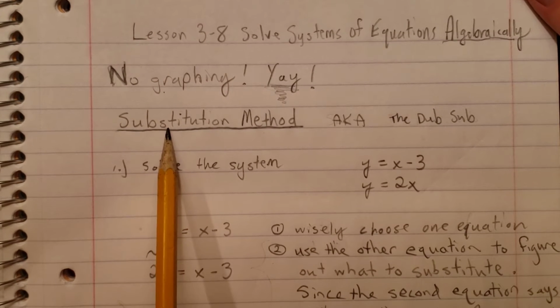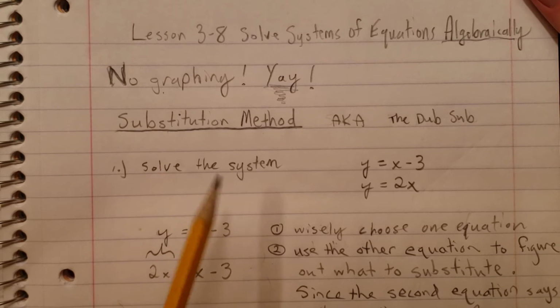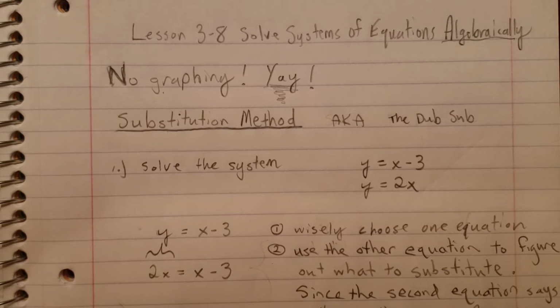Just like a substitute teacher could come in and replace me, when you have something that's equal to something else, you can replace it with that thing. You've done it a lot when we have those problems that say evaluate when a equals 4. It says a is equal to 4, so wherever there is an a, you can put a 4. When you know two things are equal, you can replace one with the other.